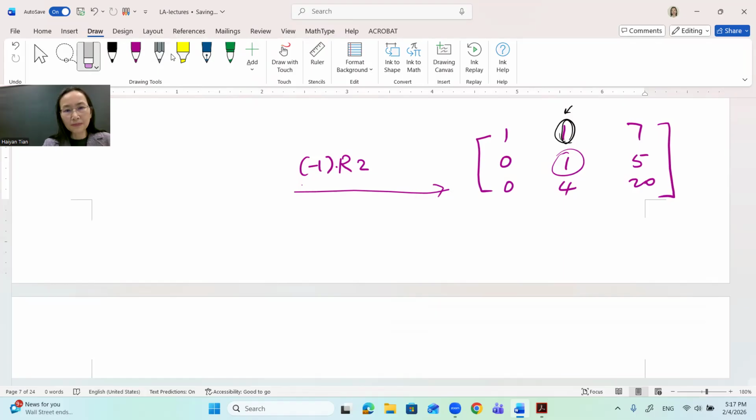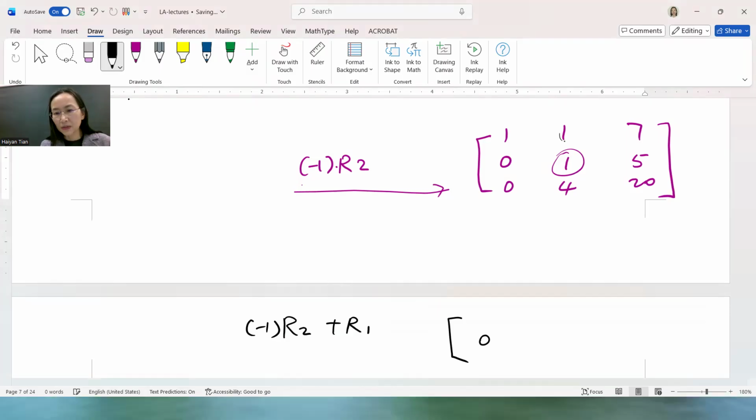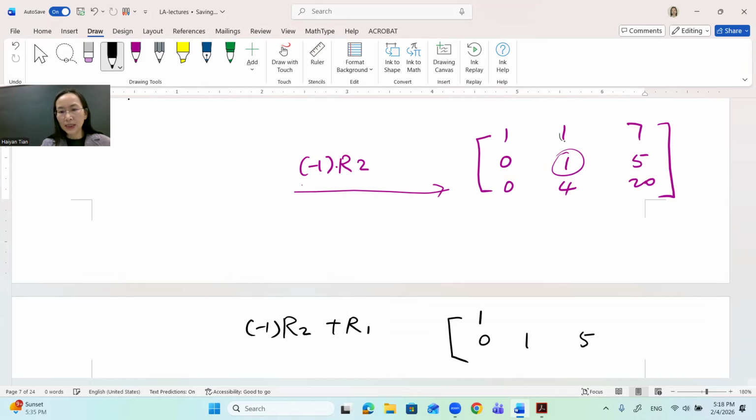So this is the second rule times -1 added to the first rule. So that's a replacement of the first rule. Keep the second rule as is, and then add a multiple of the second rule to the first rule, and we get a 0. So we get a 2.